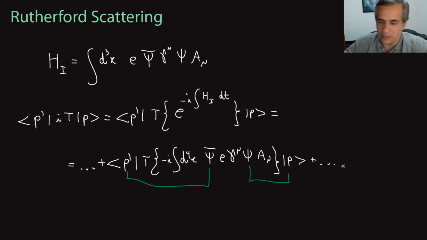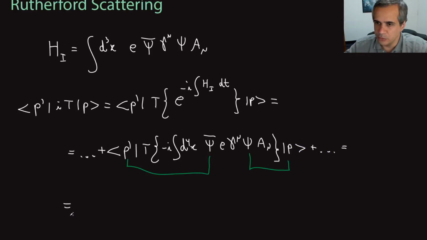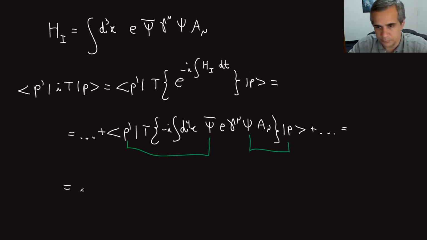So this then is equal to minus i e, just gathering all factors here. When you contract this guy, you get a u bar of p prime. I'm again ignoring spins, but let's say there's a spin s prime associated with p prime and a spin s associated with p.